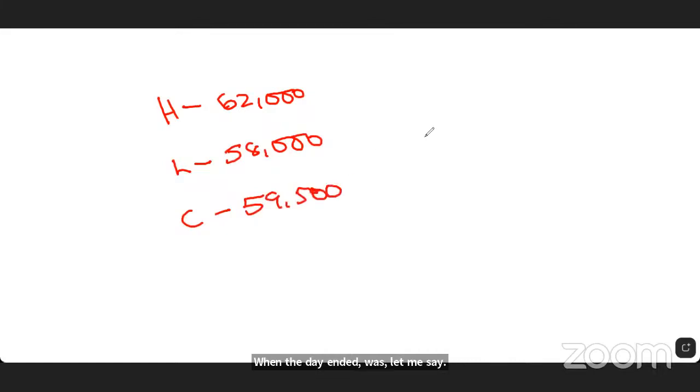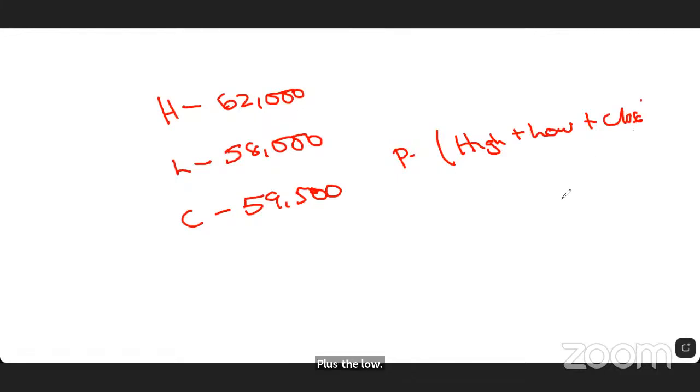We are finding the pivot point. It will be the high, plus the low, plus the closing price, divided by 3.